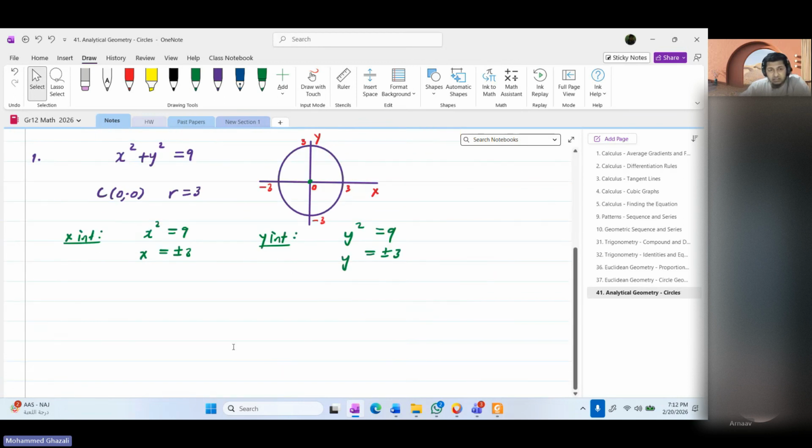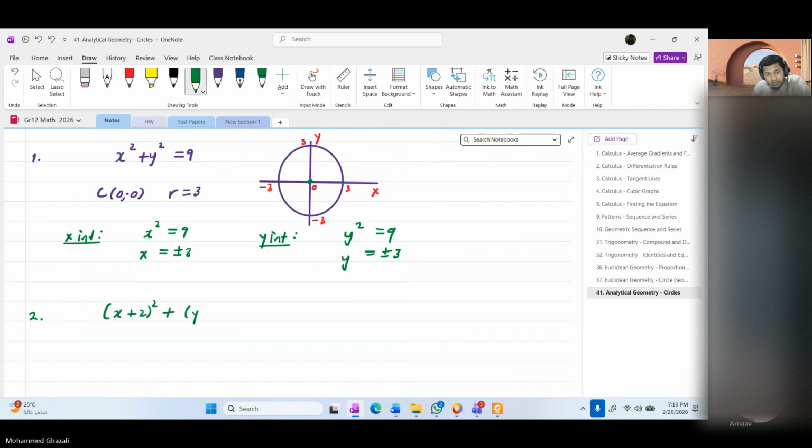Let's look at the second example. (x plus 2) all squared plus (y minus 1) all squared is equal to 4. So now clearly from here, the center is the opposite sign, negative 2, and the opposite sign, 1, and the radius is equal to 2, right?